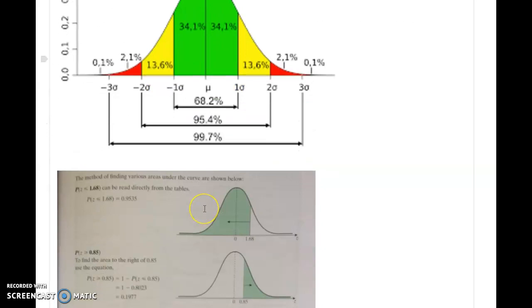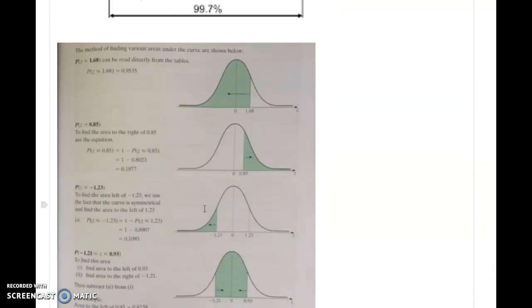Okay, so if we're going to look at this, let's see. If we have the probability that z is less than 1.68, sorry, 1.68, that is, if you go to your standard curve, you have your curve there. 1 would be probably here, 2 will be here, 3 will be here, so 1.68 is there.